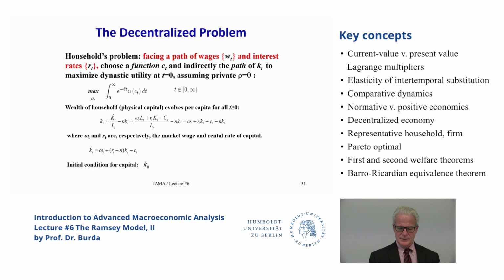Think of it as dynastic utility. So it would use the same discount rate, theta, and now we'll consider this policy as basically maximizing the same utility over this function c_t from t equals 0 to infinity.